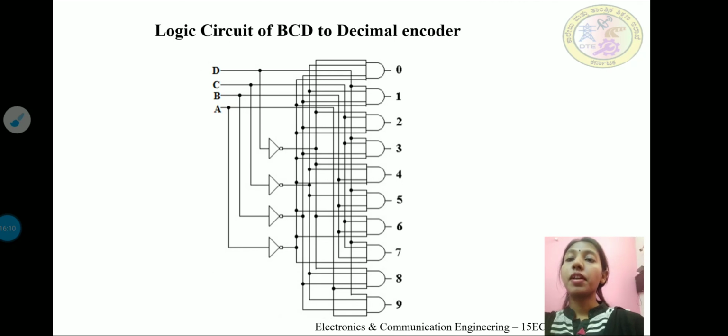For example, the first AND gate, for which the output obtained is 0, is connected to the outputs of the 4 NOT gates A bar, B bar, C bar, D bar, in order to obtain the expression for the digit 0, which is equal to A bar, B bar, C bar, D bar. Similarly, the input connections for the other AND gates are made according to the output equations or expressions.